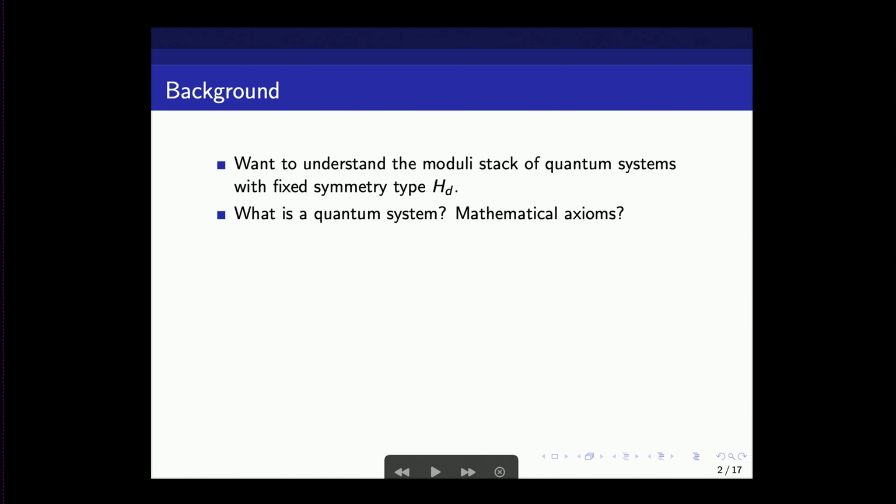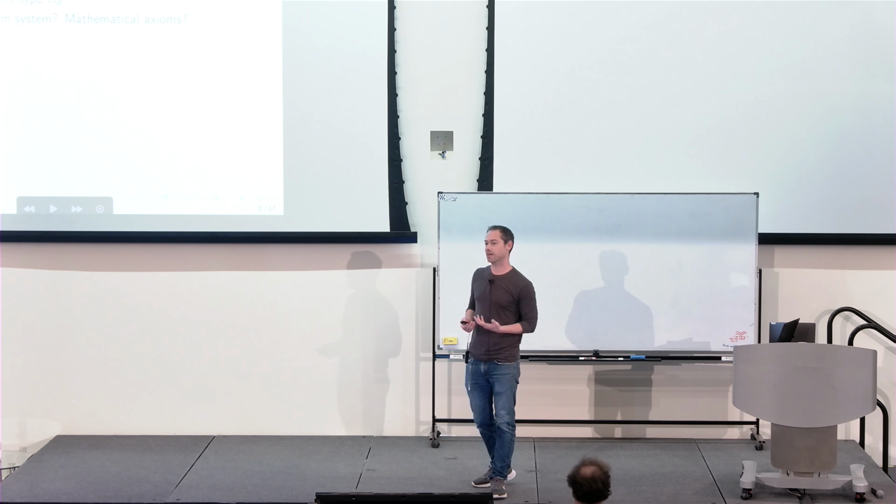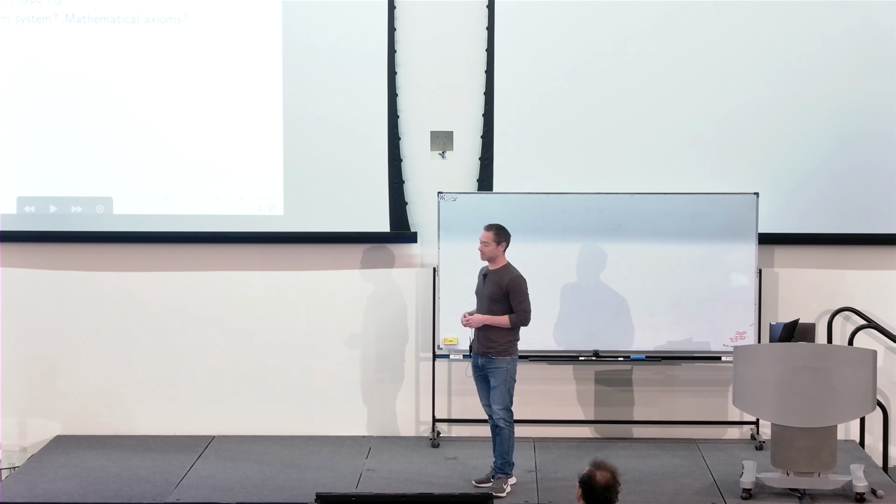The applications they had in mind were to condensed matter physics, and specifically, the models there are these lattice systems. If you want to understand the moduli stack, you need some sort of axioms for these lattice systems in order to get a handle on what exactly the moduli stack looks like.